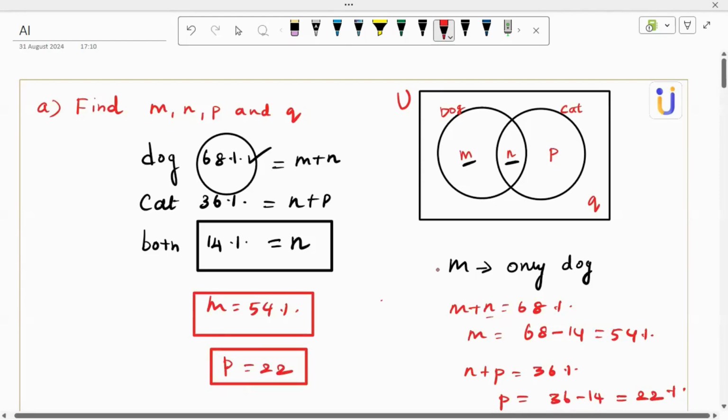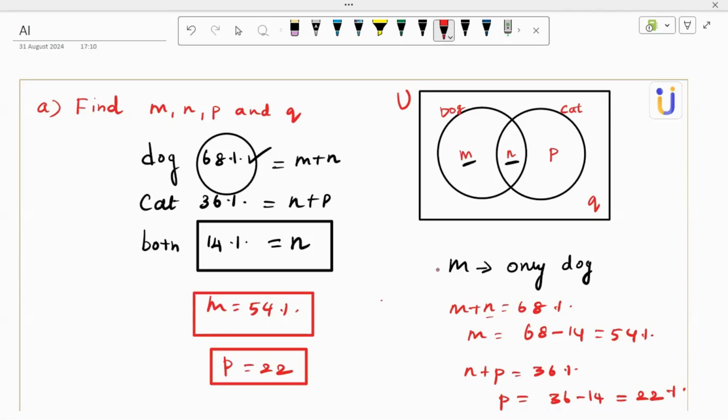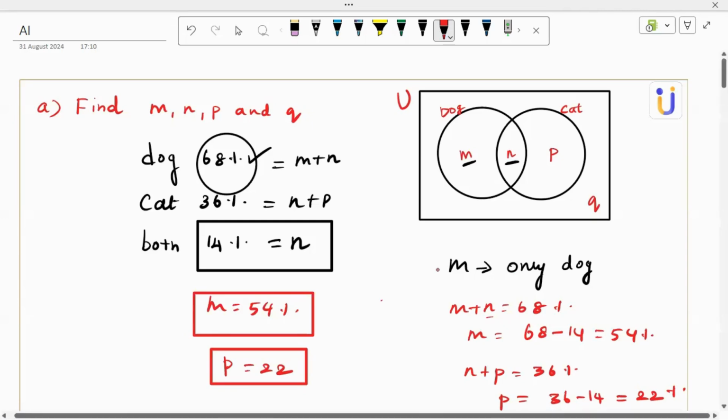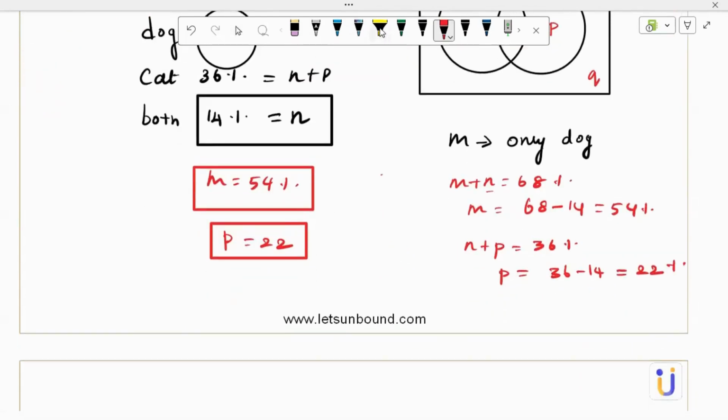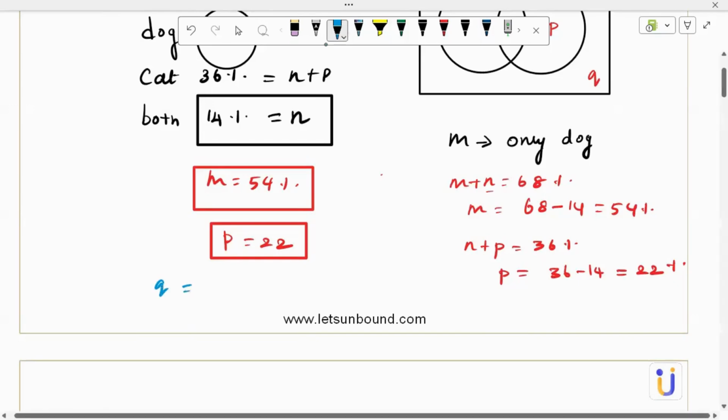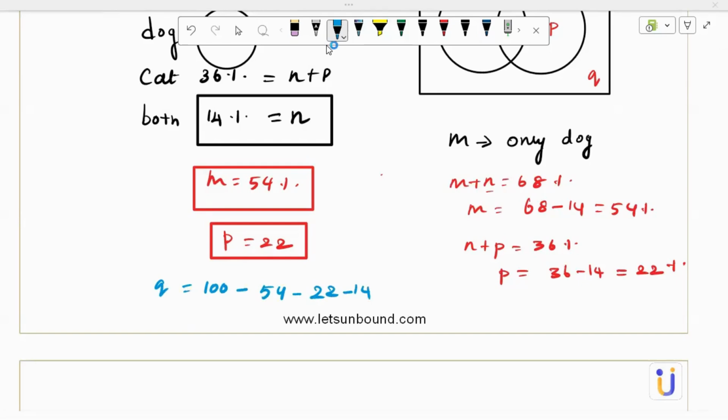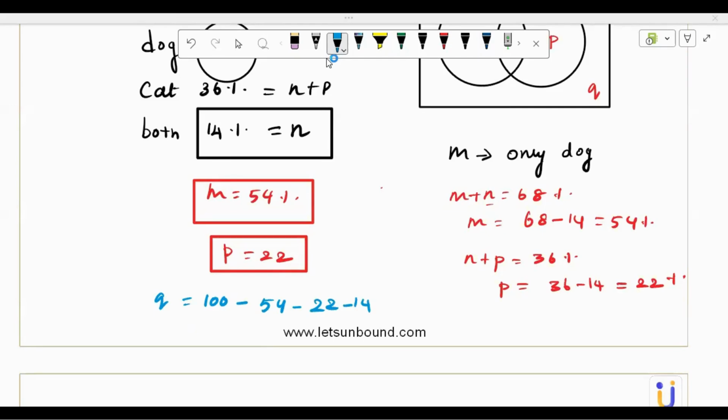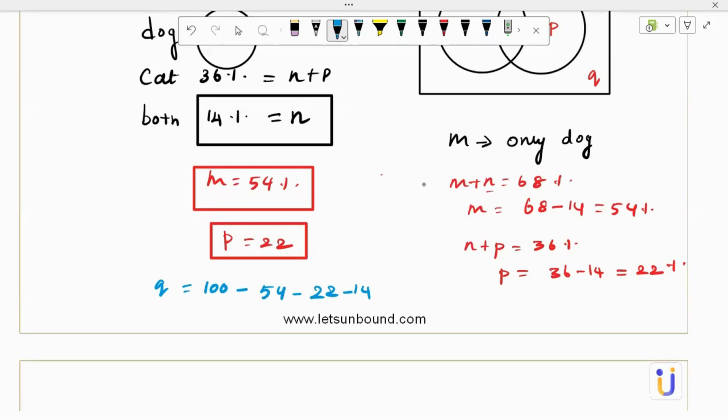Now, what is Q? Q is outside the circles, so those people have neither cat nor dog. Since it's given in percentage, the entire survey is taken as 100%, and we just remove M, P and the both part. So to find Q, 100 minus the dog only, cat only, and both: 100 minus 54 minus 22 minus 14, so that's going to be 90 here.